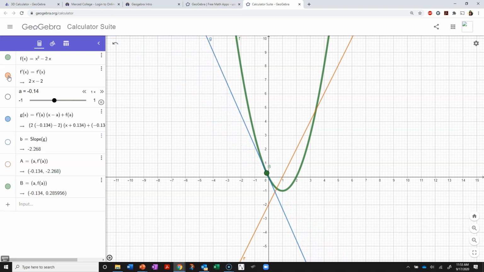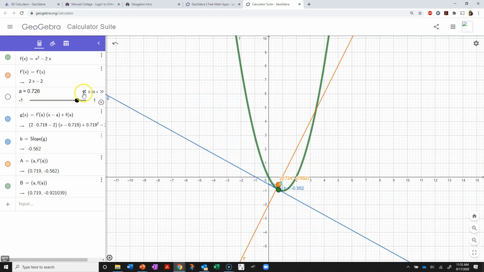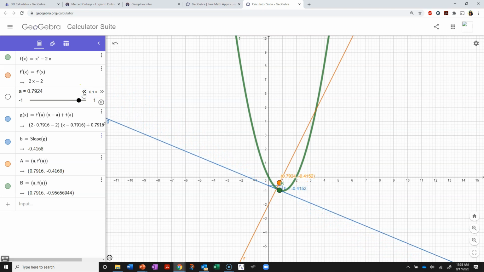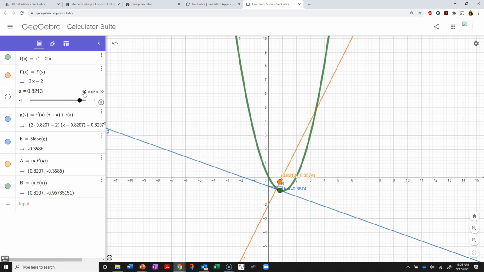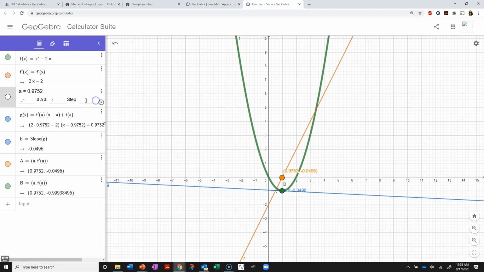So what I'm going to show you is a point A on the tangent line, and I'm going to show you the slope of our tangent line. And I'm going to slow this down quite a bit so you can see the y values are changing in the same way.